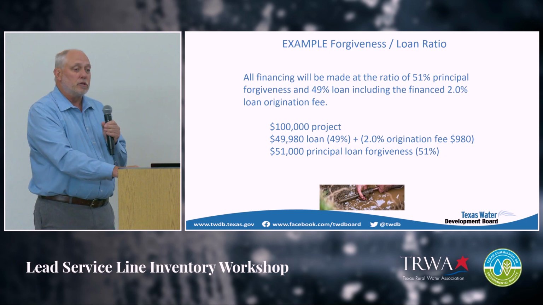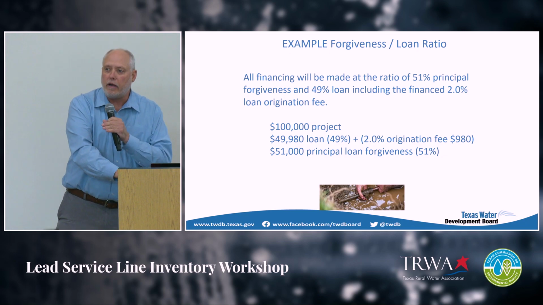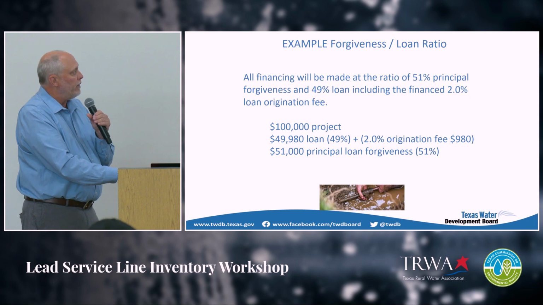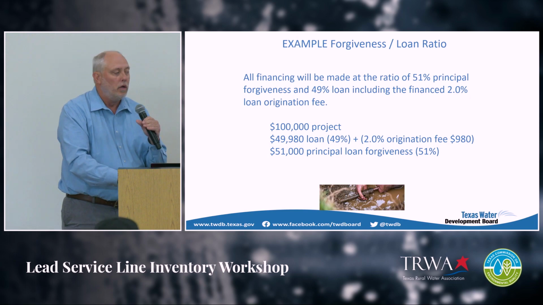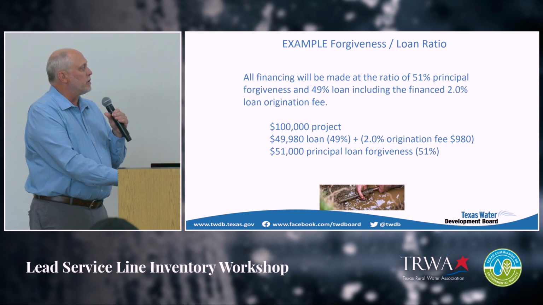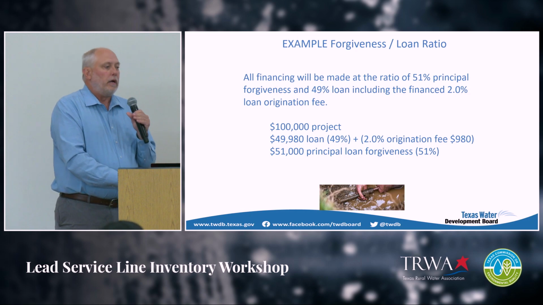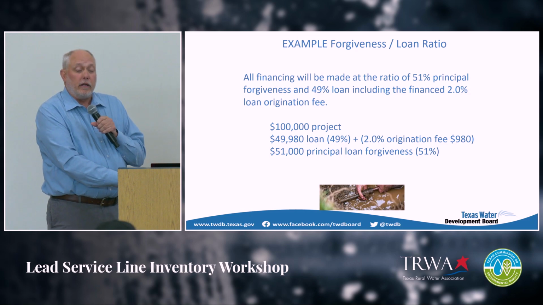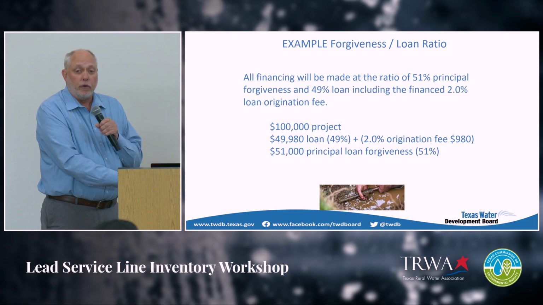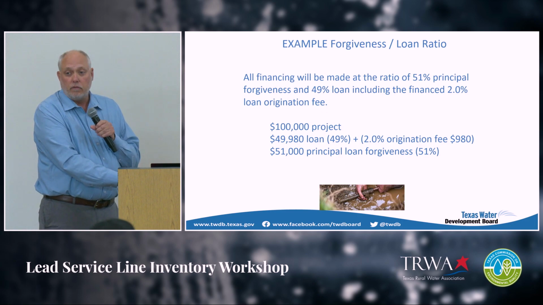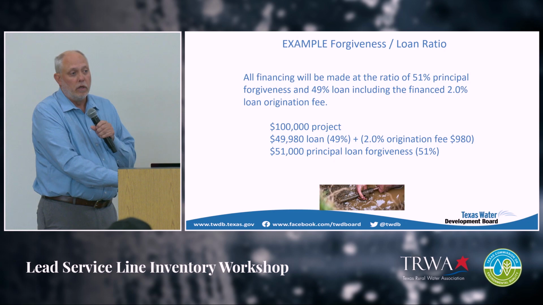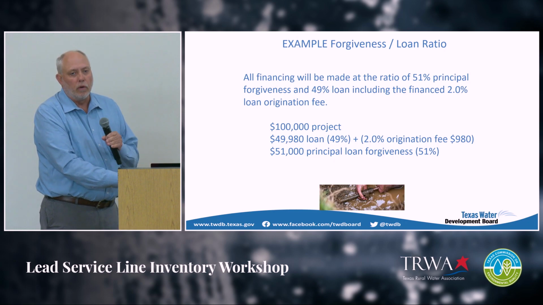So you're taking almost half and half out of $100,000, $49,980 for the loan, and then $51,000 for the grant. The loan portion can be financed up to 30 years if you're doing the construction activities for line replacement work. If you're doing inventory only, you can finance that for 15 years at 0% interest.